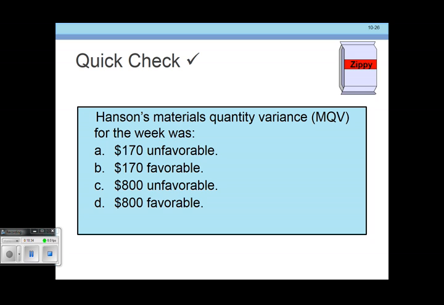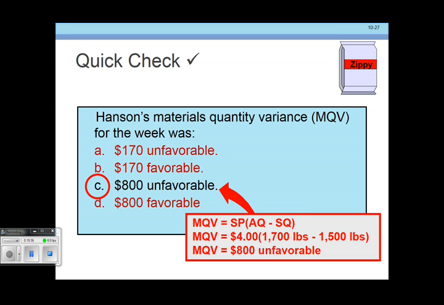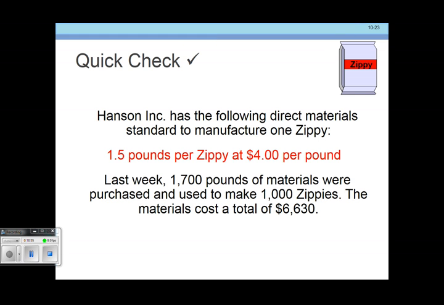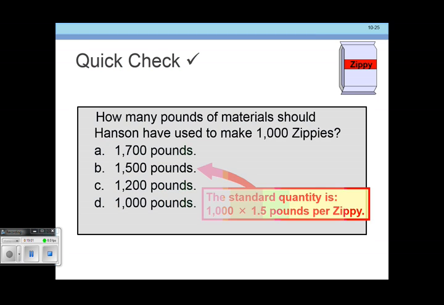Their material quantity variance for the week. Okay, now here they're going to figure it out using the formula, and that's fine. Notice they've got $4. They should have used 1,500 pounds. They actually used 1,700 pounds, so they used 200 pounds more than they should have, and each of those pounds was at $4.